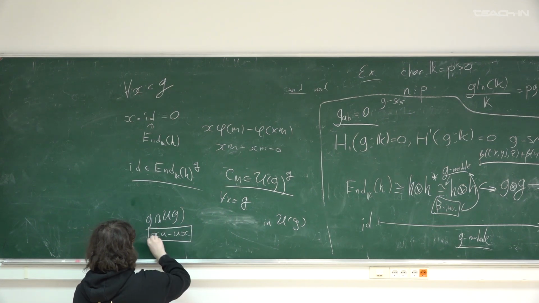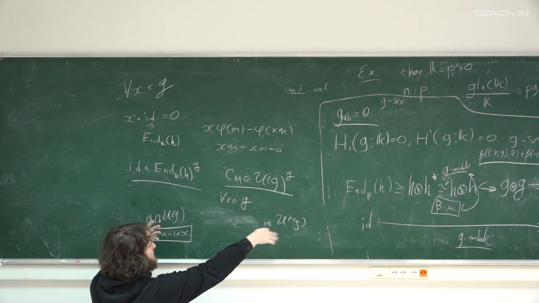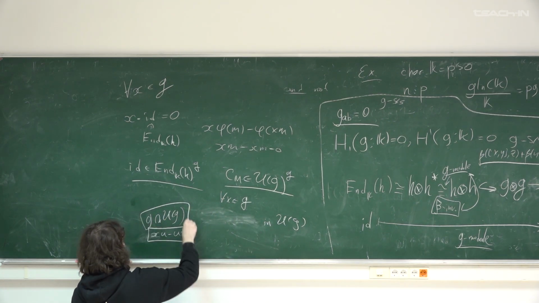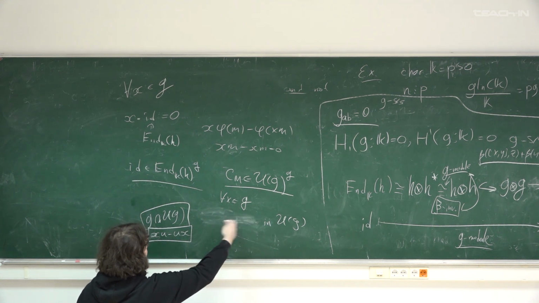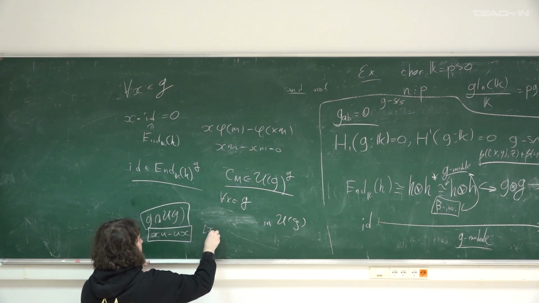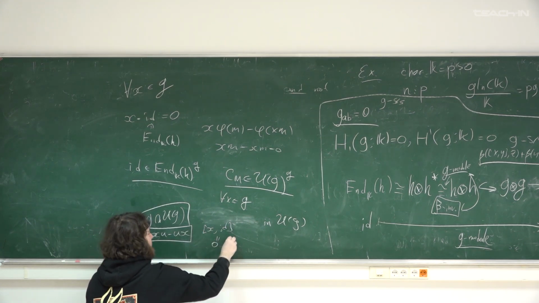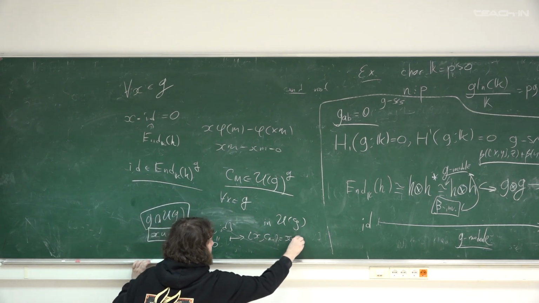So this is my G action on UG. What's the commutator? This commutator, of course. So my identity is 0 goes to commutator in the sense of associative algebras.